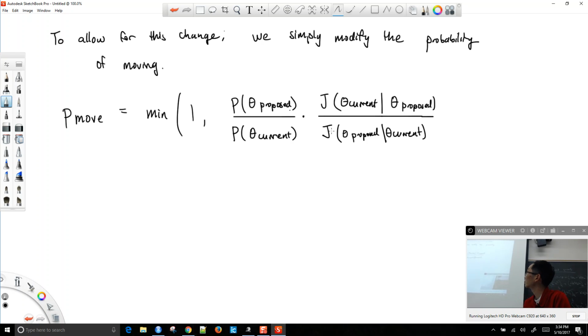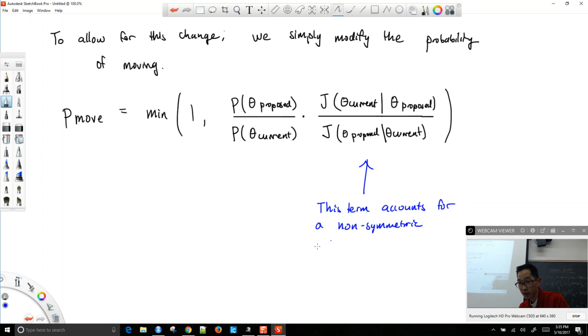Okay, so we're effectively normalizing this by dividing this probability by this and dividing this one by that one. Okay, and so when you include this term, this term accounts for a non-symmetric proposal or jump distribution.